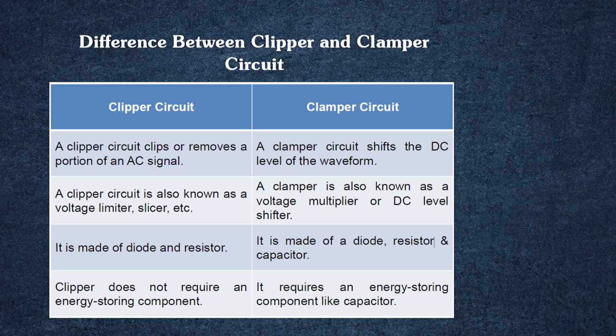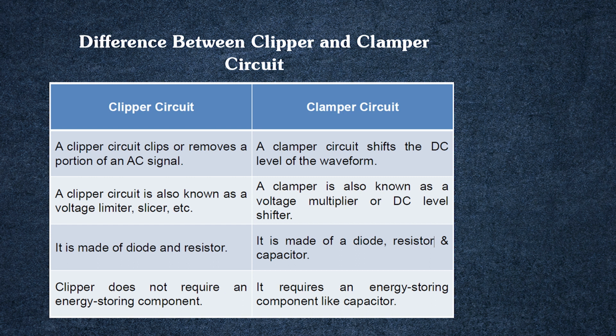Now, at last let us discuss about the difference between the clipper and clamper circuit. So, what is clipper circuit? A clipper circuit clips or removes a portion of an AC signal, whereas a clamper circuit shifts the DC level of the waveform.